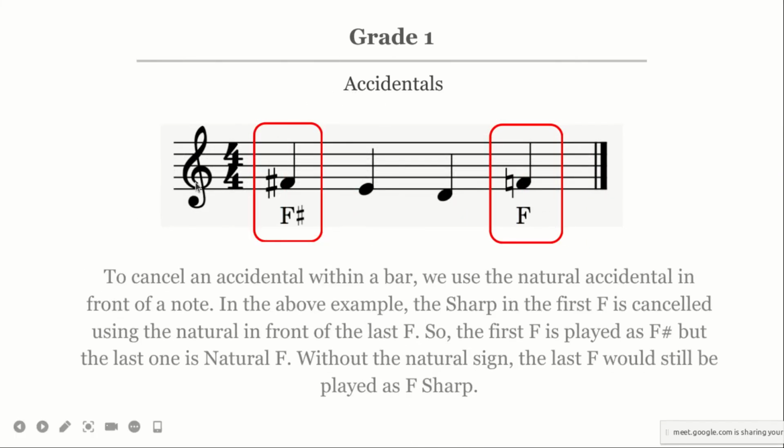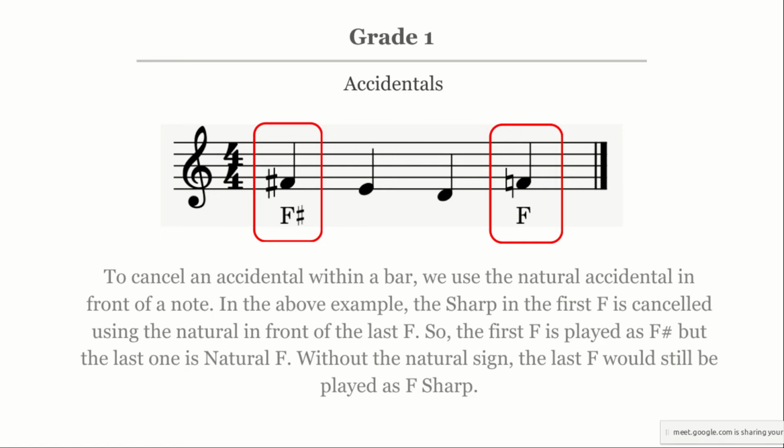And then we have the first example that we had, we said the last F would be F sharp because it's affected by the first sharp. What about if we don't want the second F to be a sharp? That's where the natural comes in. The natural cancels the previous accidental so that the second note is not affected by the first accidental.